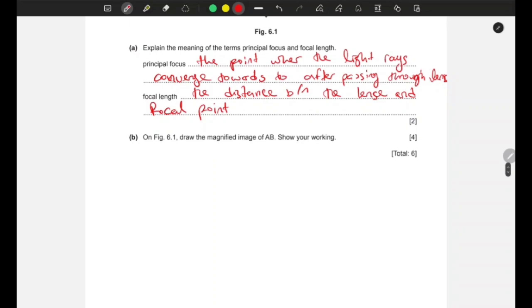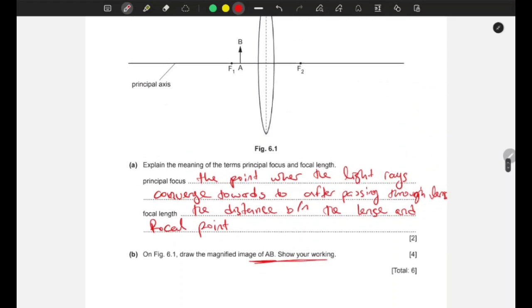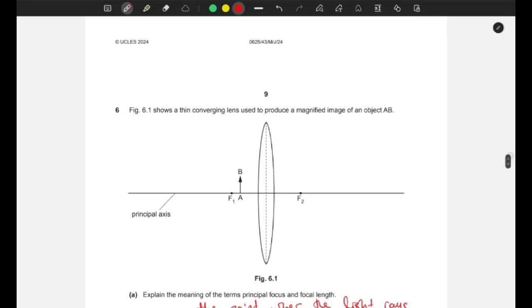Part B. On figure 6.1, draw a magnified image of AB. Show your working. So it's 4 marks, so we really have to be detailed here. So AB, we have this upward facing arrow, and now we have to magnify it. They told us to show our working, so first we have to draw the ray lines.